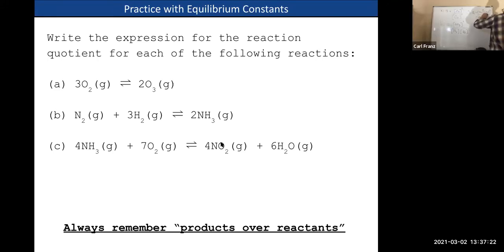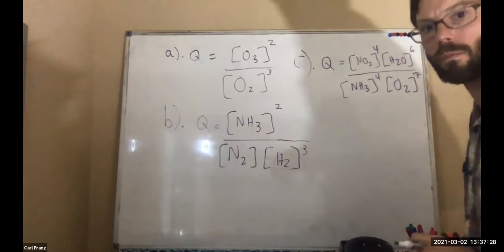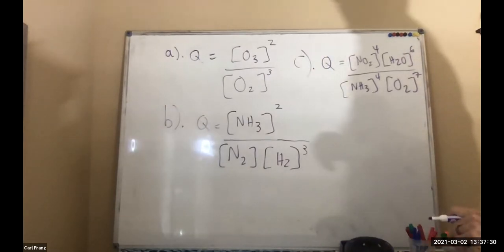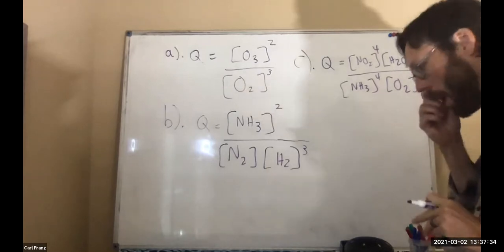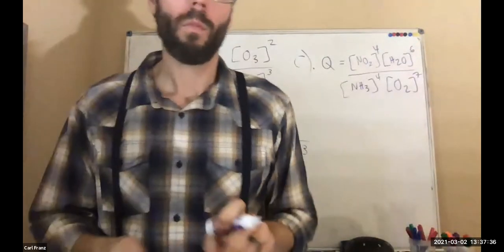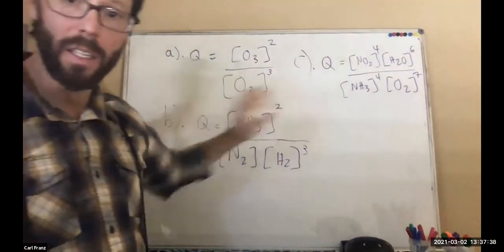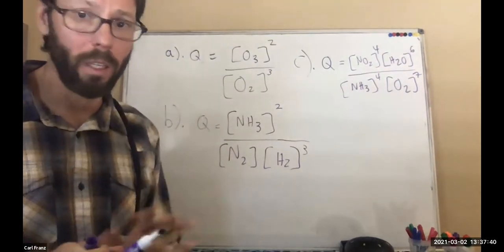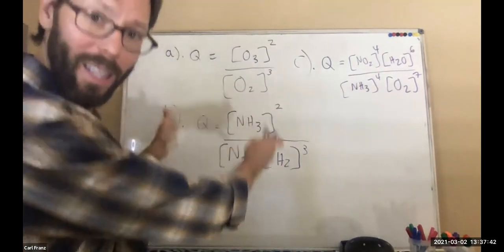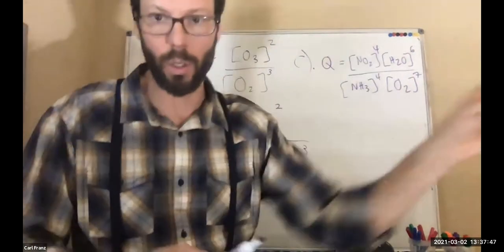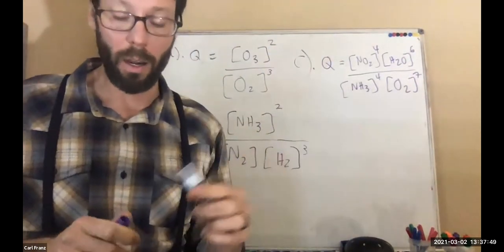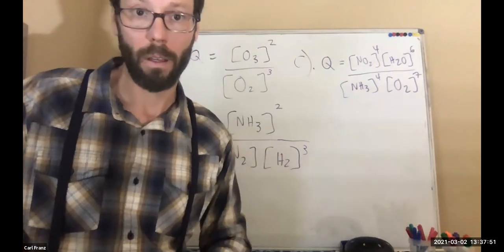And oxygen to the power of 7. Okay? This is as simple as it gets. So if you guys have this firmly, you're good. We're going to be doing this throughout the entire chapter, right? We have to do this to then get to the answers later on for equilibrium.